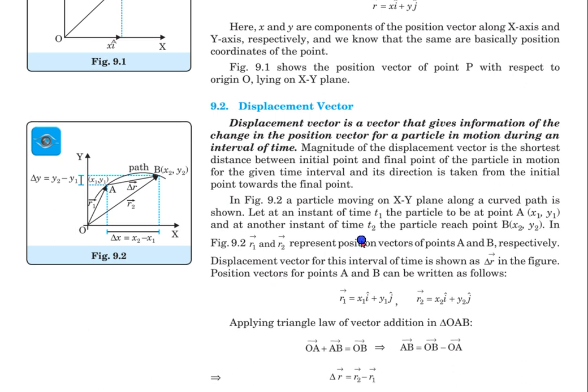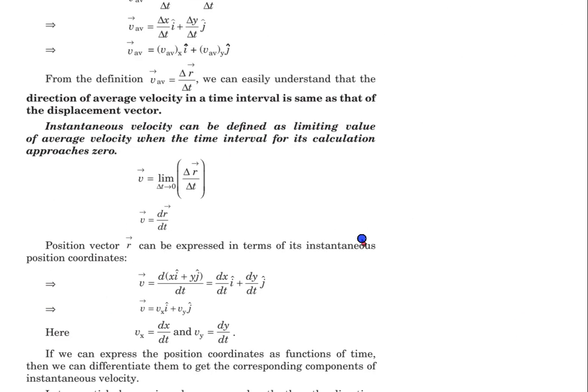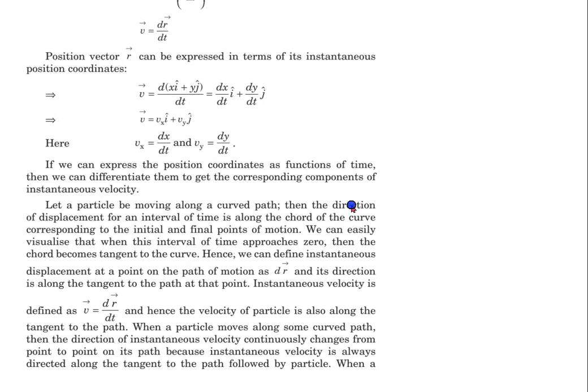And for the rest of the topics here, we have to derive all these, but we'll not do it because we have already studied in the previous unit that velocity is distance by time, dx by dt, the velocity along the x-axis. Along the y-axis, x will be replaced by y.